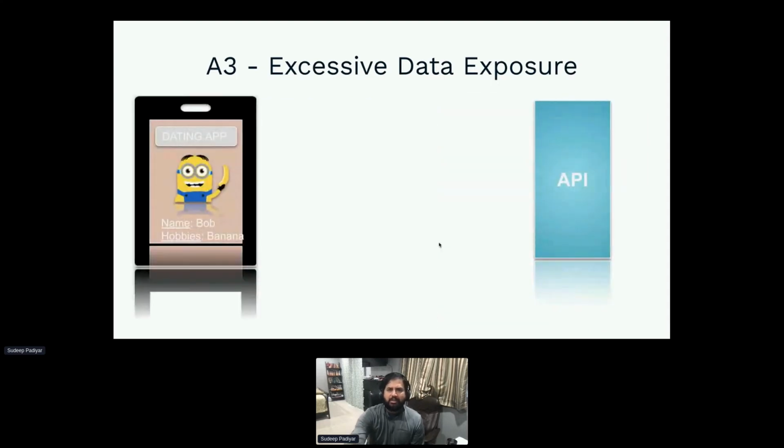So another real world example is happening with a bunch of dating apps that you might have seen in the recent past. So in this particular scenario, the user is logging in, and the front end needs to get basic information about that particular user to render all the details about him or her.